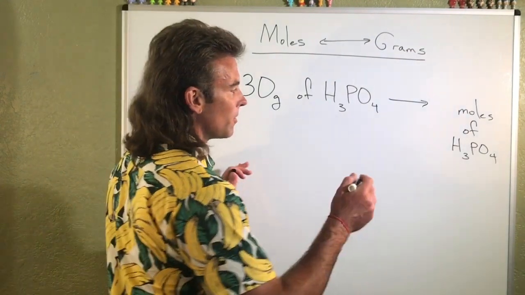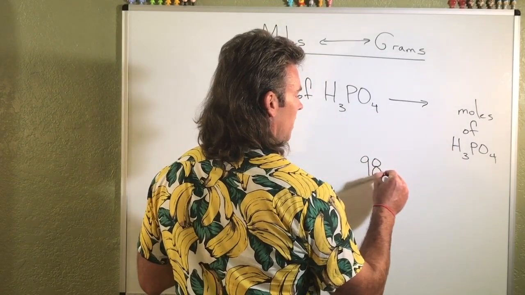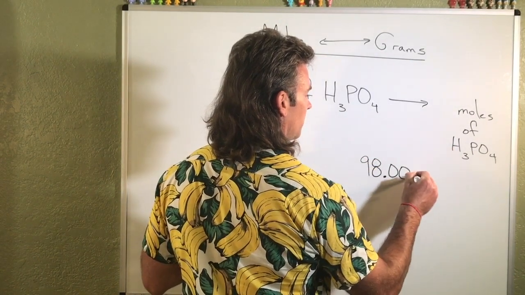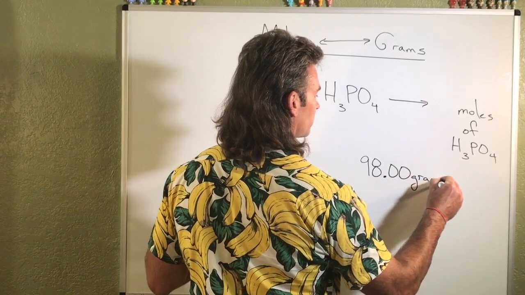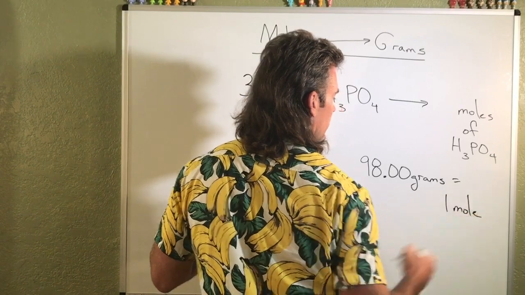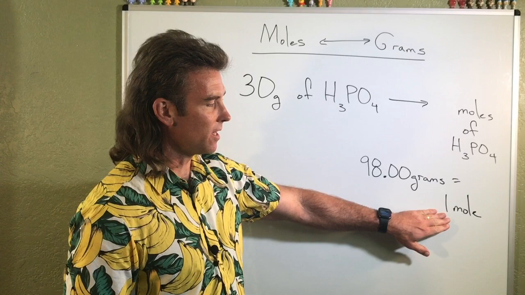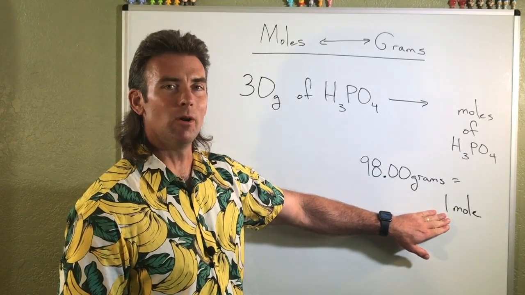So if I remember correctly, my value for this thing, when I calculated it from the periodic table, is that exactly 98 grams of H3PO4 equals 1 mole of H3PO4.